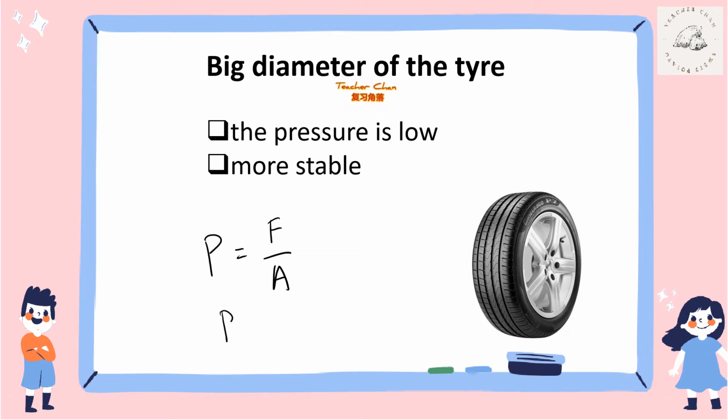Since pressure is inversely proportional to area, increasing the area will decrease the pressure. That's the reason the pressure is low. Besides that, a big diameter tire will make the car more stable.